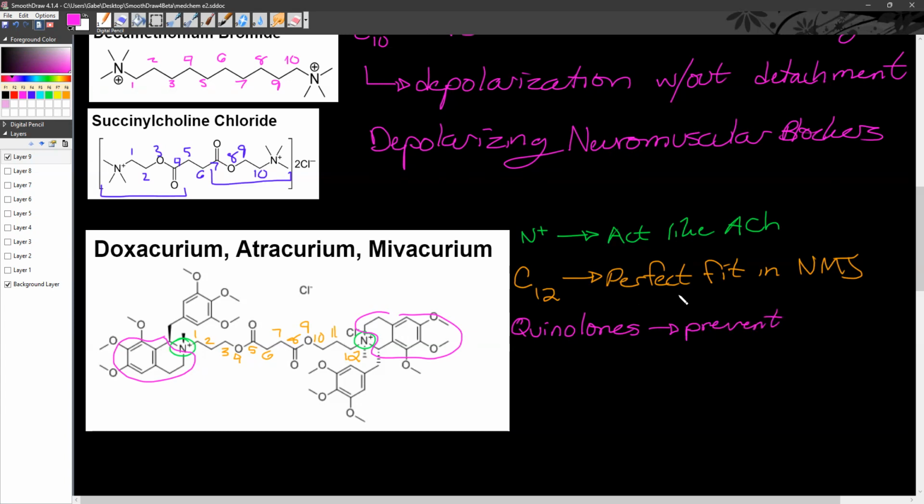So in other words, the N plus and the distance between them allows it to sit in the receptor, but these giant groups on either side of the N plus prevent depolarization. This is where we get the idea that drugs like doxycurium, atracurium, mivacurium are non-depolarizing. So they sit in the receptor, but they don't activate the receptor. Hopefully that makes sense.